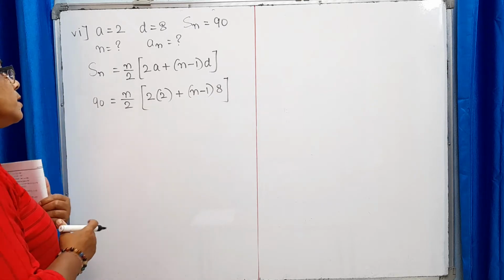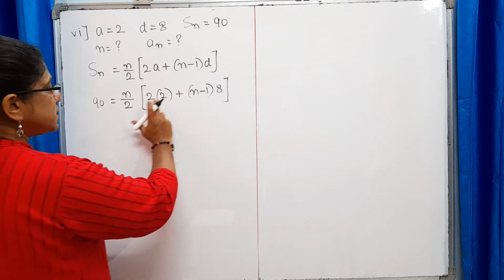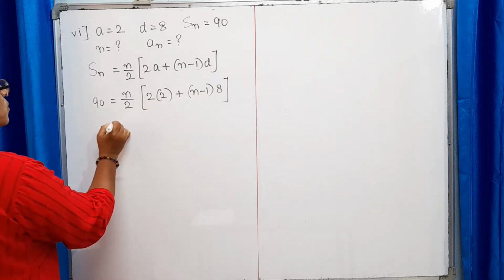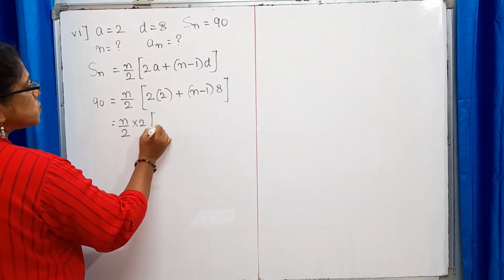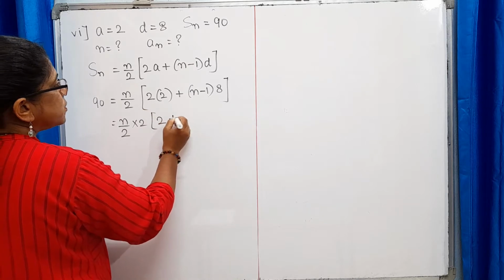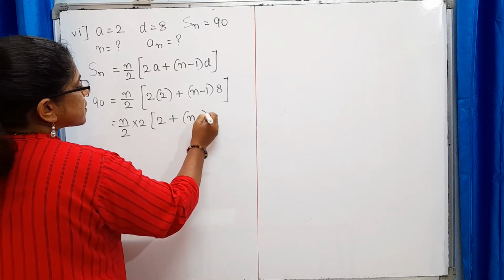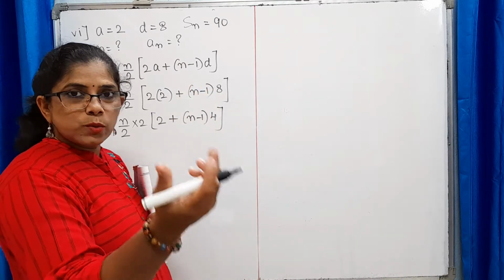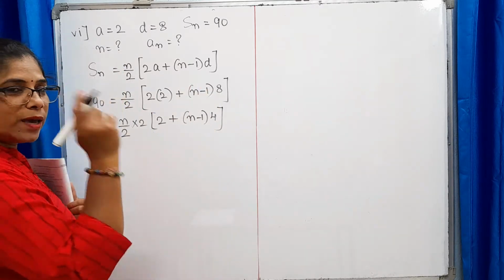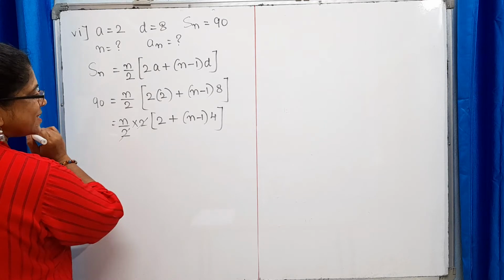Now, here I will take 2 as a common factor out. n upon 2 into 2. So, here the terms remaining are 2 plus n minus 1 into 4. 2 4s are 8. So, 2 common factor I have taken out so that we can cancel it here.